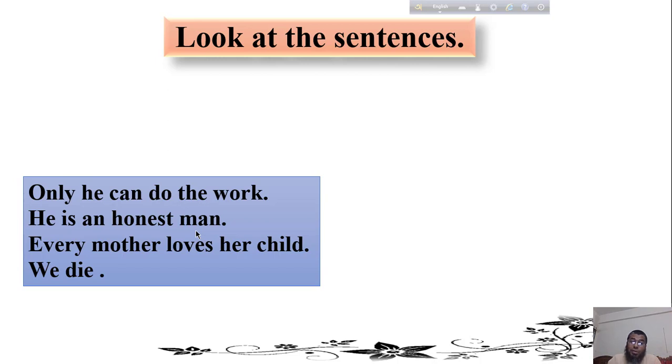So here the four sentences express something similar. Can you guess what types of sentences? As all these sentences are asserting something, that's why all these are assertive sentences, no doubt. Thank you. So what types of sentences can all these be? Okay.